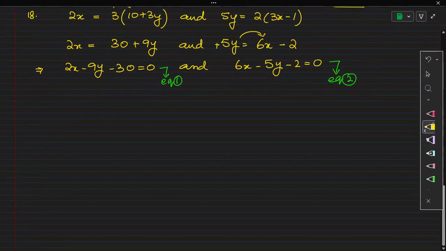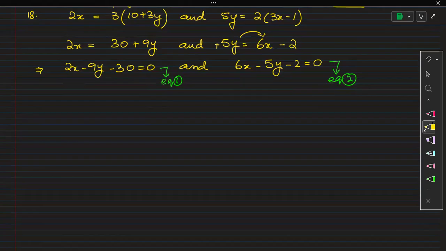So I have to apply the elimination method to solve these equations, right? So now I have to look at both of the equations and figure out which variable I can make the same.